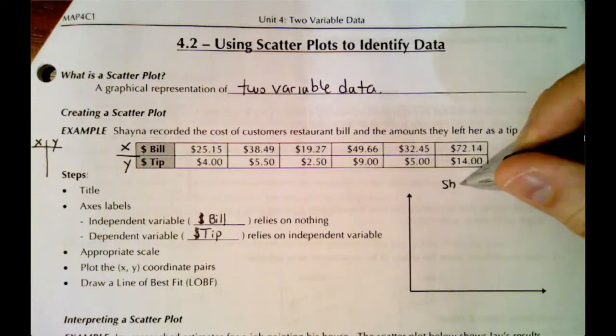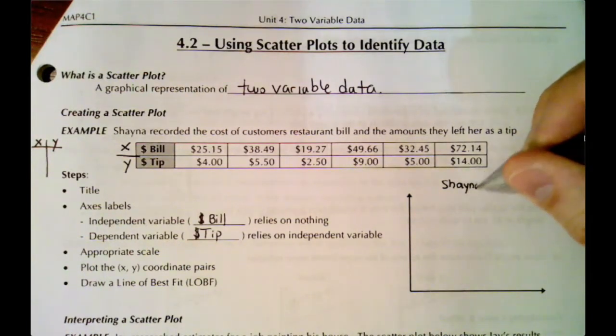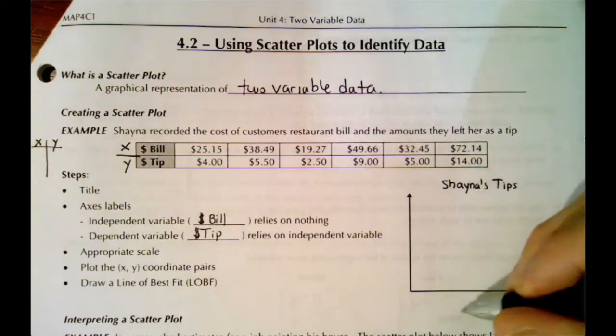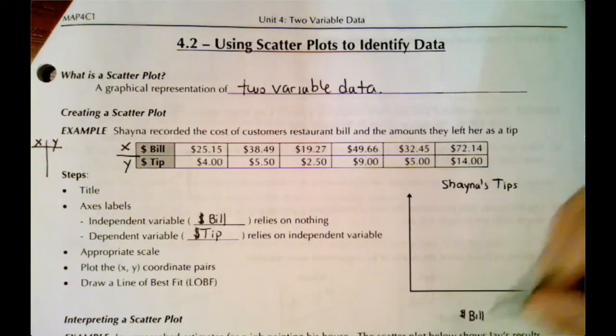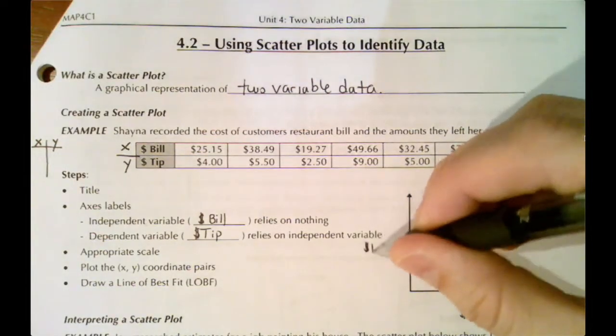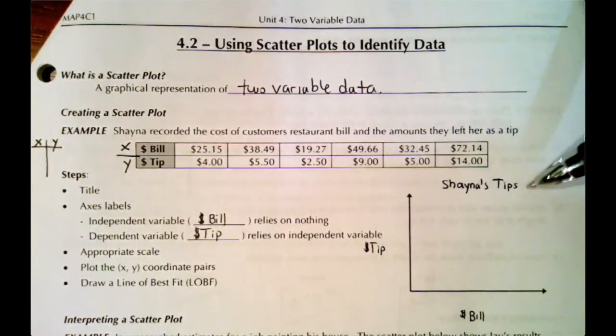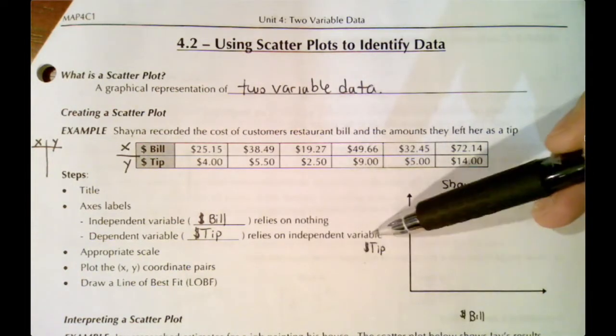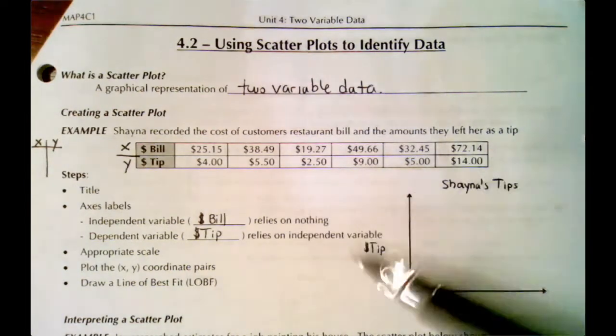Shana's tips, we want a title. And our bill amount's going to go on the bottom. And our tip's going to go on the side. So we got our title, we got our axis labels, bill and tip, and we need a scale. So let's look at our bills.